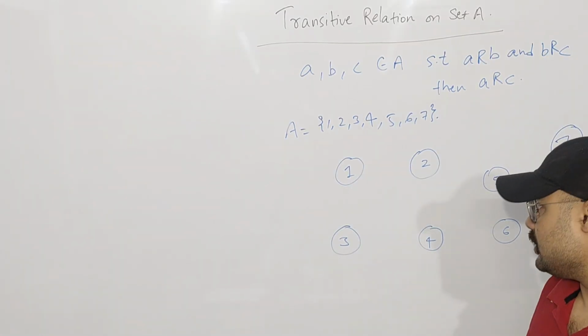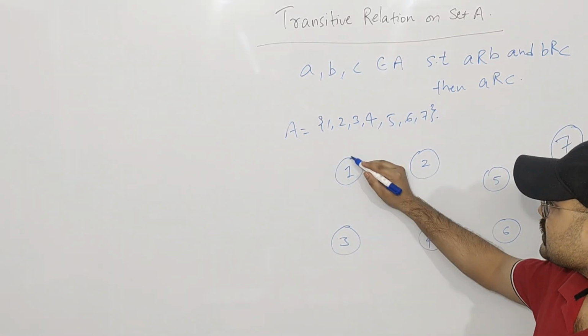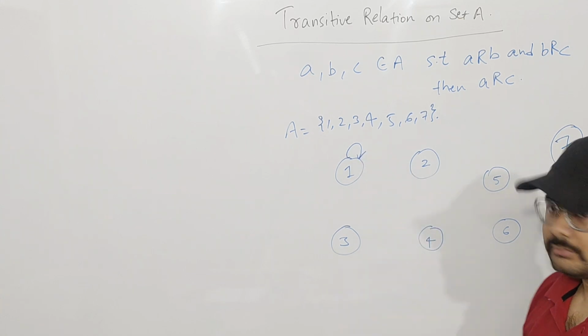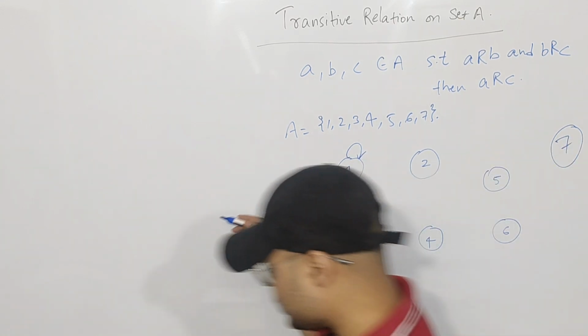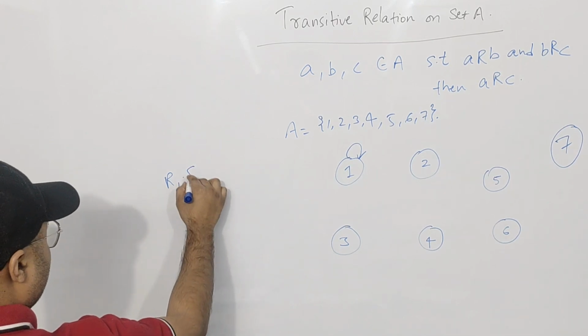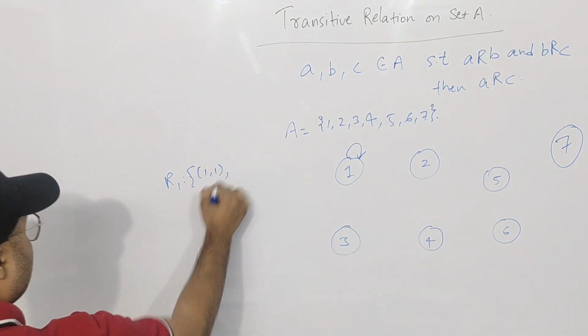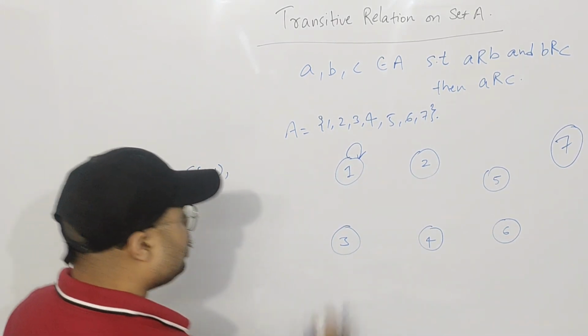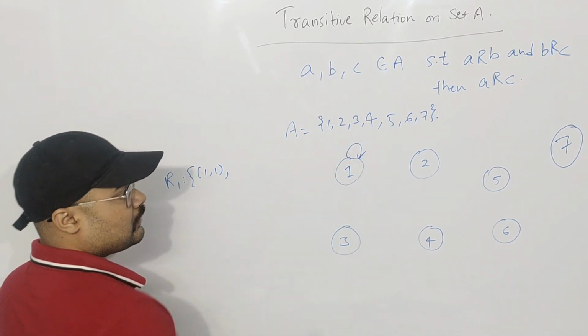Now let's suppose that 1 is related to 1. Let's suppose I have a relation R1, and R1 has this 1 comma 1 as an element. Then this is represented as this.